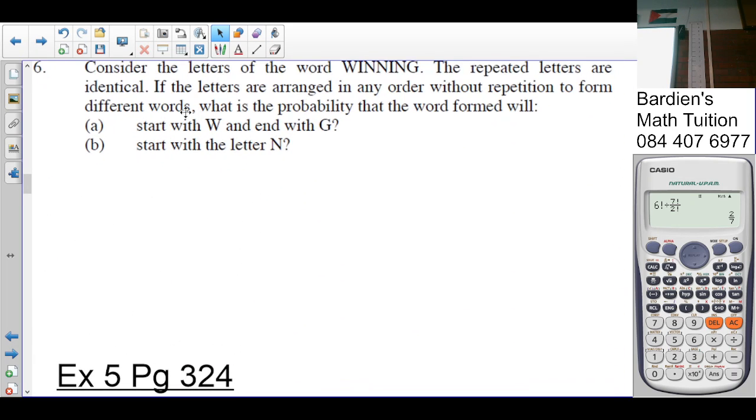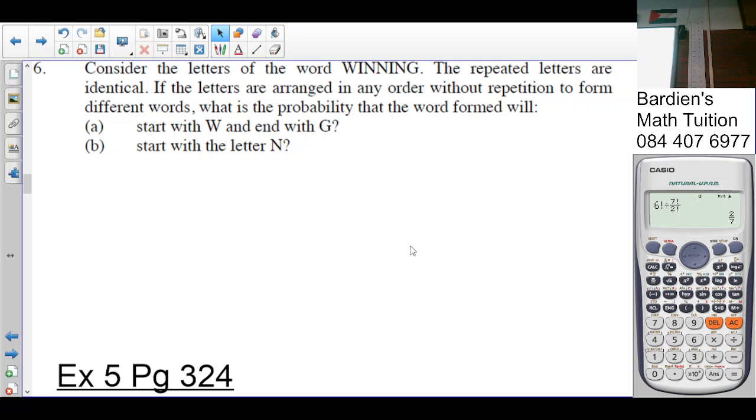Right, number 6. Consider the letters of the word winning. The repeated letters are treated as identical. So what's the formula there? You're all mumbling.